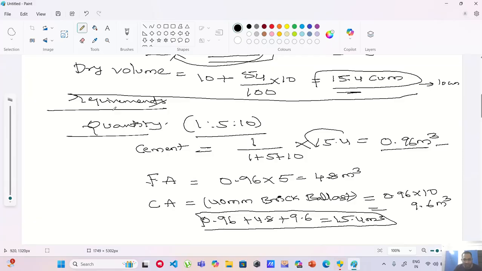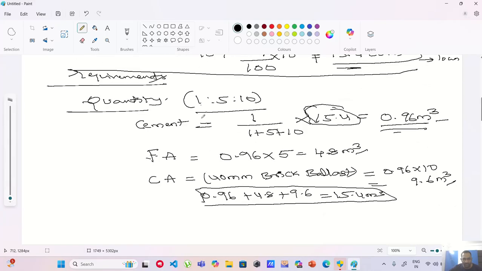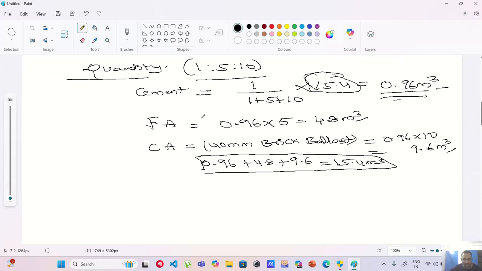Cement is 1 divided by the sum of these three proportions, multiplied by 15.4 cubic meter. Finally, cement is 0.96, fine aggregate is 4.8 and coarse aggregate is 9.6 cubic meter.